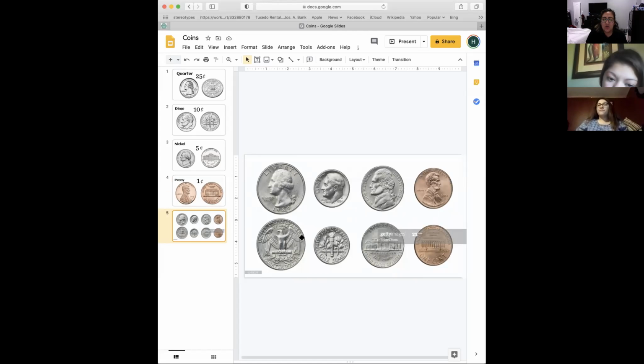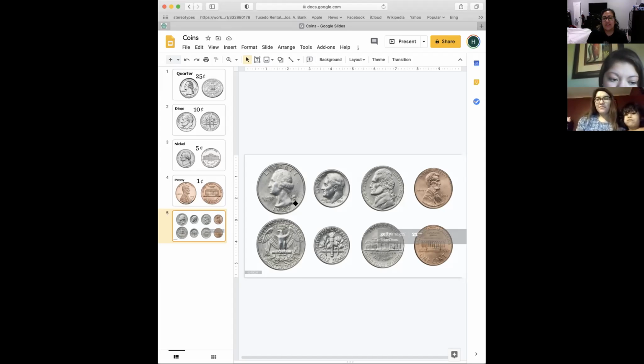When we look at this coin, what would make you remember what it is by looking at it? That it's bigger than the rest. Okay, and what else? Maybe the picture of whoever is on it.